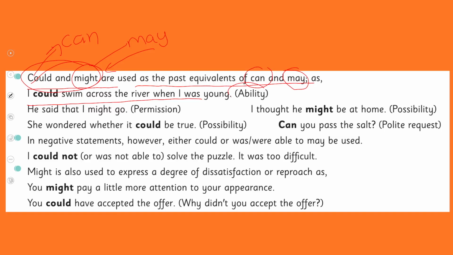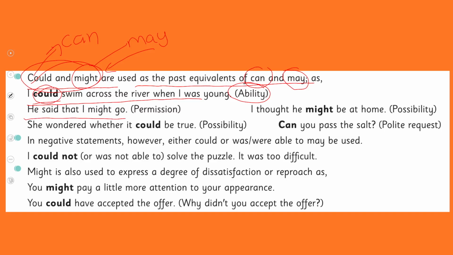This is an ability, but an ability that is in the past. The speaker cannot do it right now, but he used to do it when he was young. So, I could swim across the river when I was young. You can use could when there was a chance in the past, but not in the present.